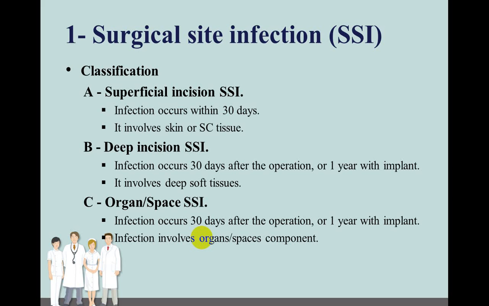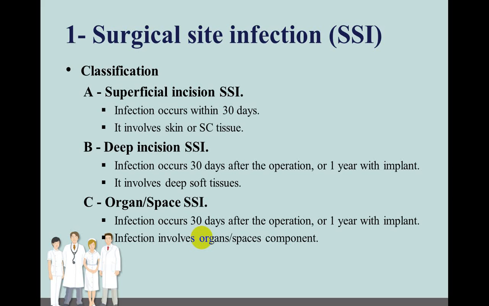Starting with the first and commonest nosocomial infection, surgical site infection. It is usually classified as superficial incision surgical site infection, which occurs within 30 days and involves skin or subcutaneous tissue.